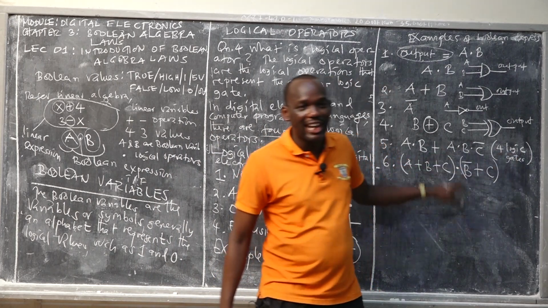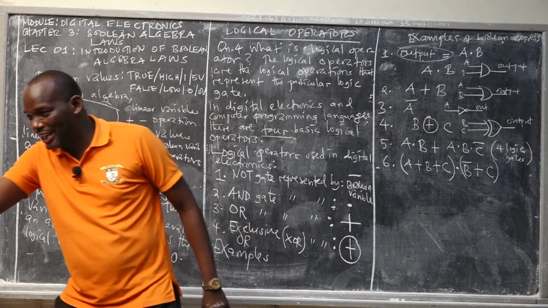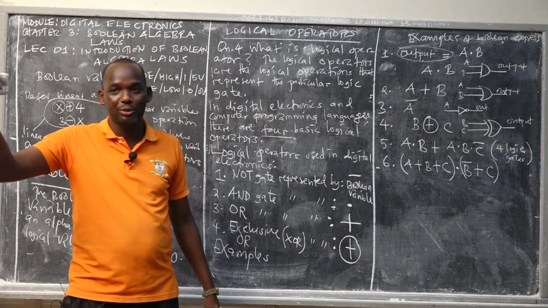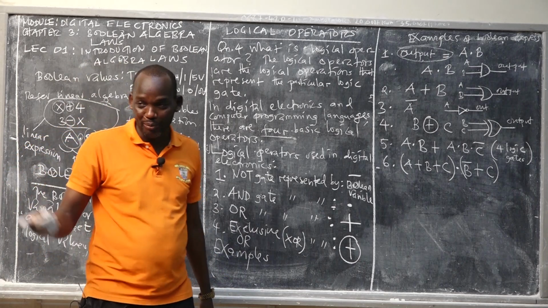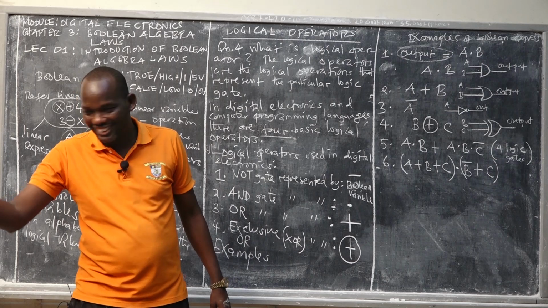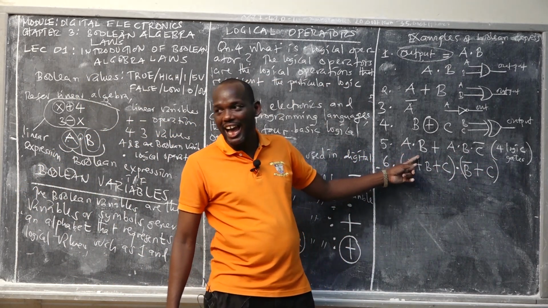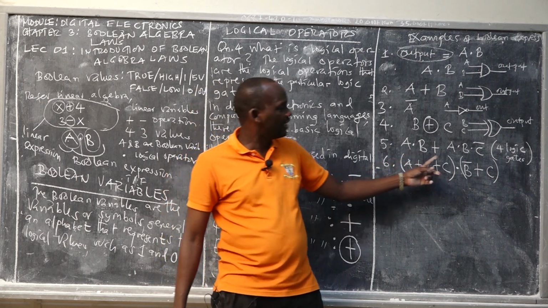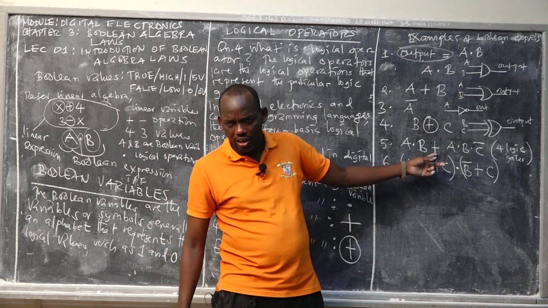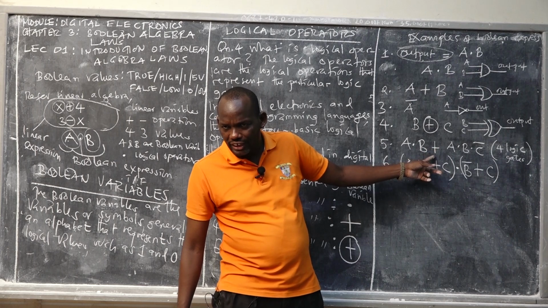How many logic gates do you have here? 4. Let me repeat for my friend who was out in mindset, but I brought him back. This is the first AND gate. And this is the second, which you call OR gate.